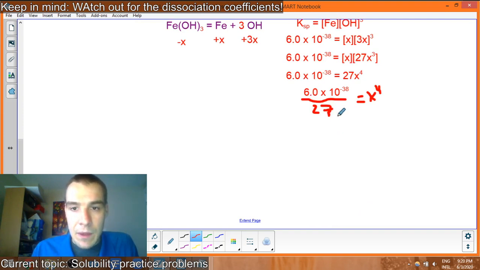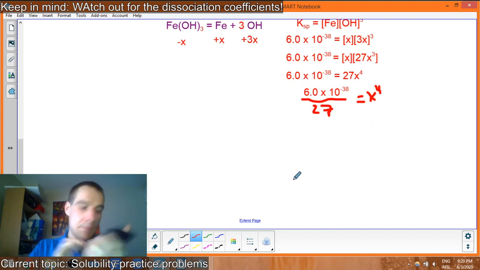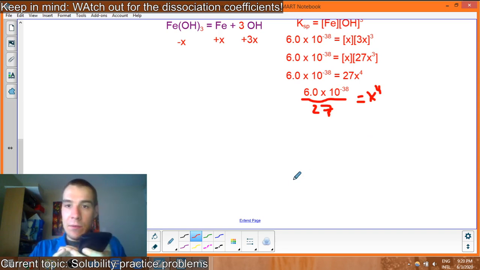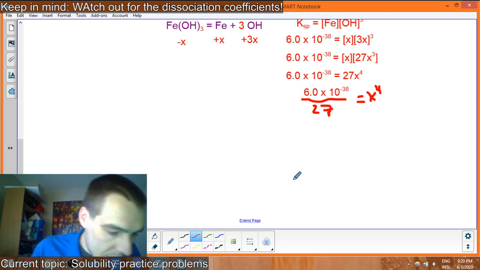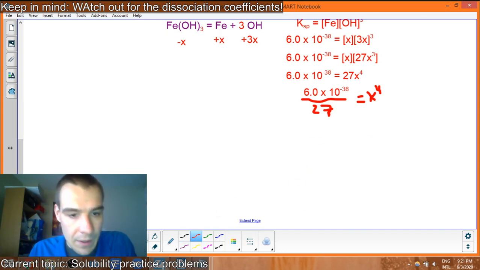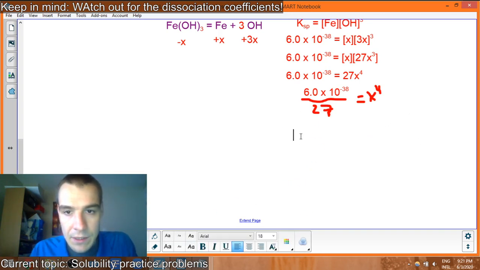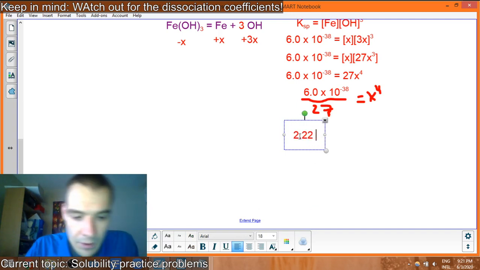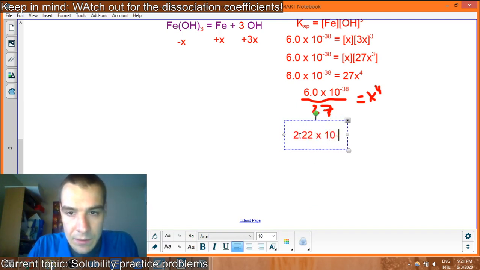So let's divide that by 27. 6 times 10 to the negative 38 divided by 27 is 2.2 times 10 to the negative 39. I'm not even going to try to write that. 2.2 times 10 to the negative 39 equals x to the 4.